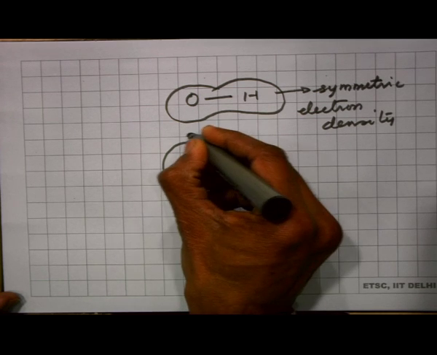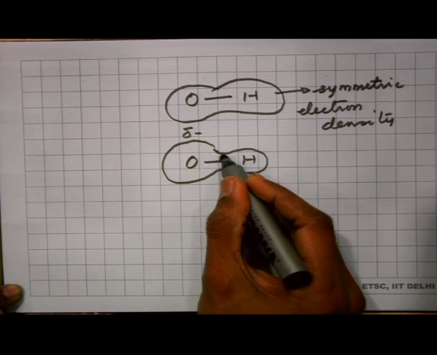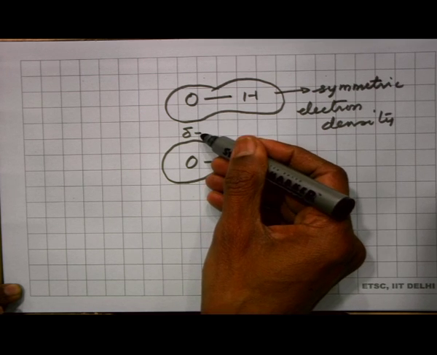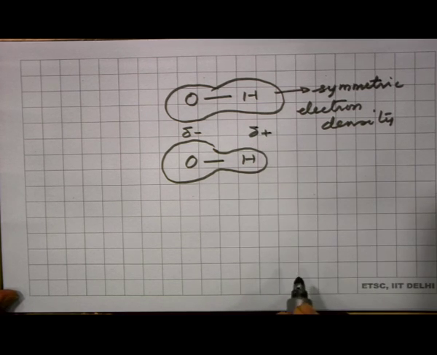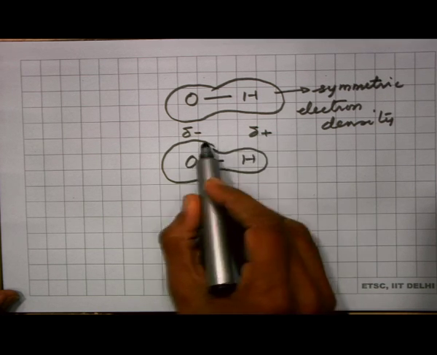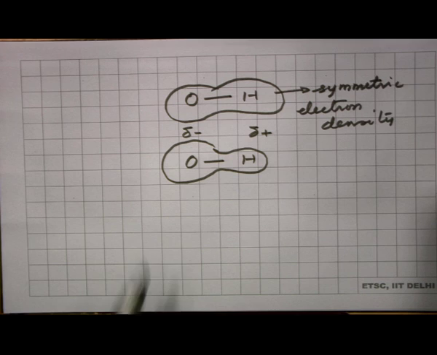So, there is a delta minus charge, a partial electron distribution with partial electronic charge higher on the oxygen side and lower on the hydrogen side. So, you have a delta minus delta plus situation in each of these OH bonds in water.